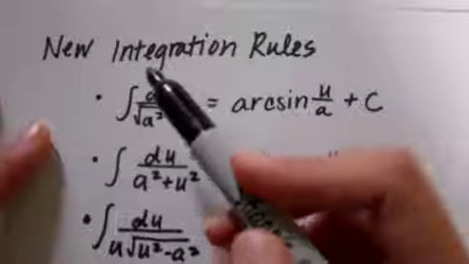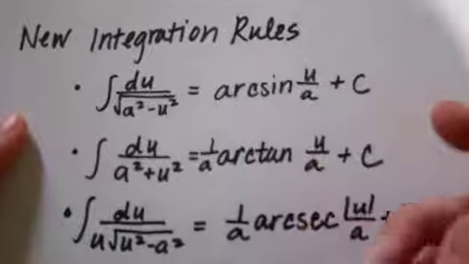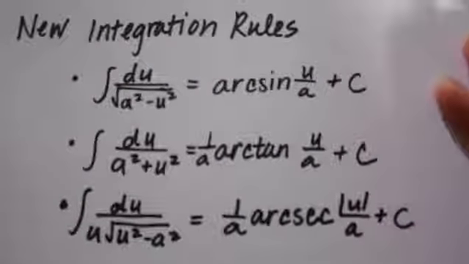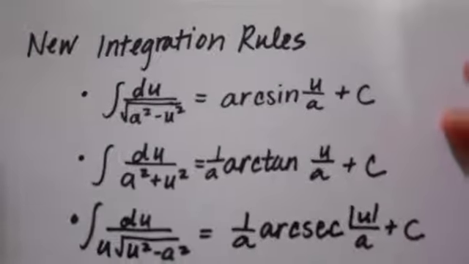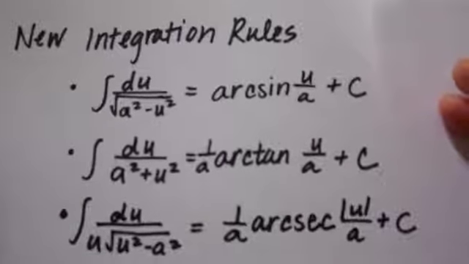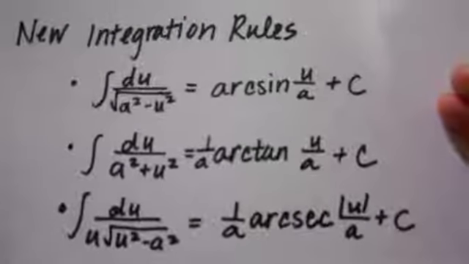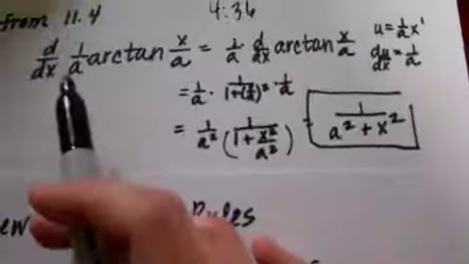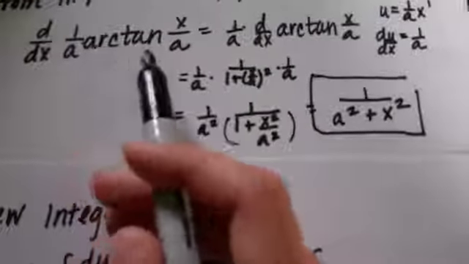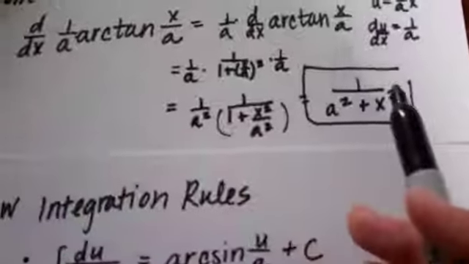So here are our new integration rules. We're going to be using that differentiation of these inverse trig functions that we just looked over, and we're going to be working them backwards. So in this last process, what we had done was this problem right here, and we got that 1 over a perfect square plus a perfect square.